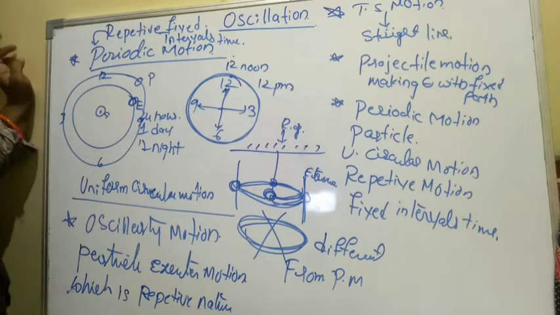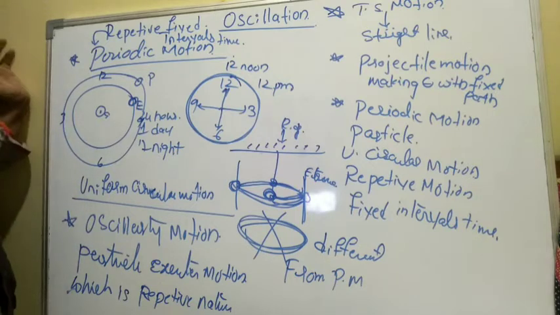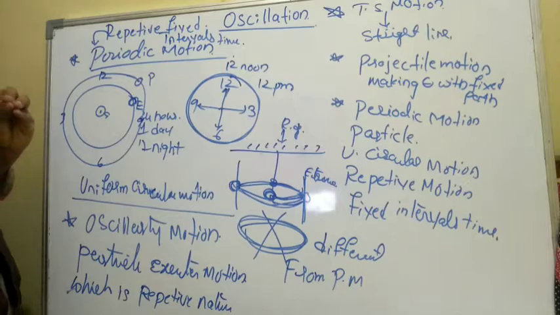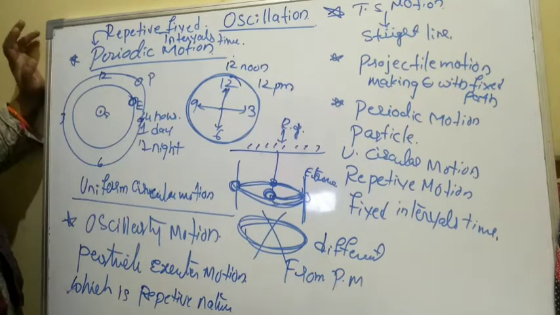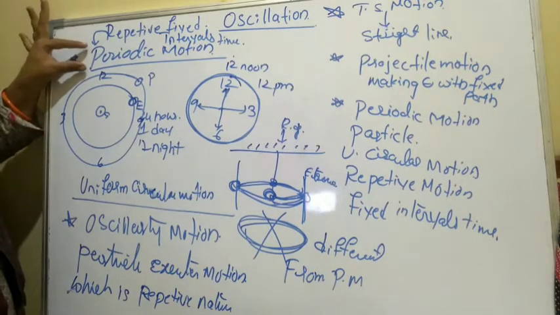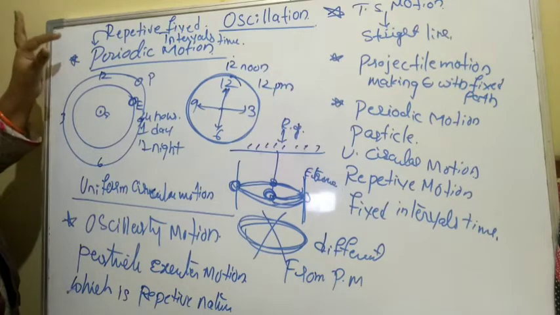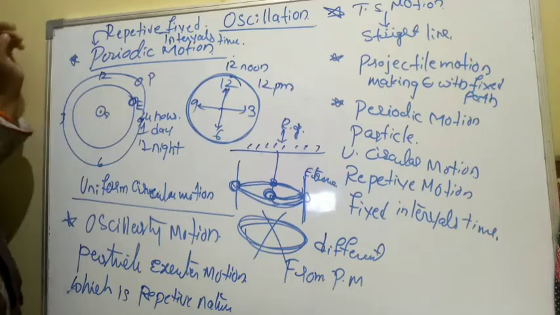So how can we say that? Comparing oscillatory motion and periodic motion, first we have to understand what periodic motion is. We have already discussed periodic motion 2 minutes back. Those are the particles executing repetitive motion in fixed intervals of time.